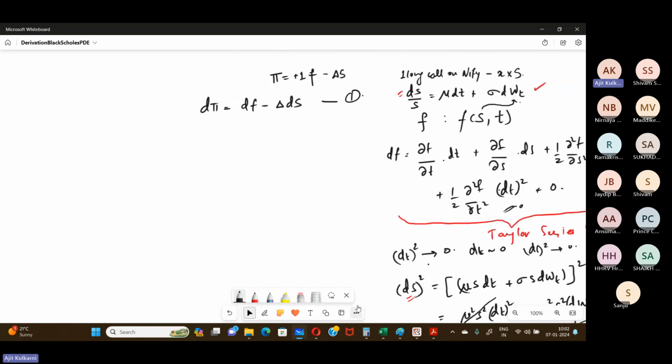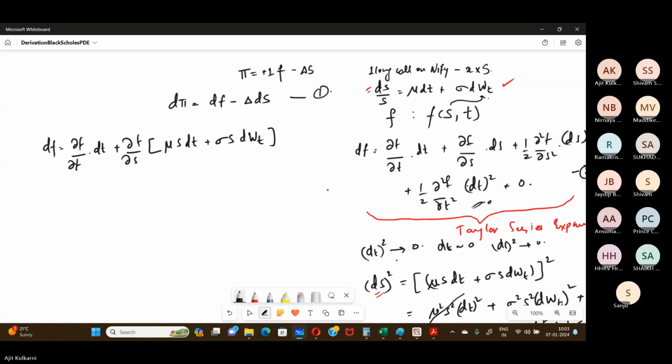So let us go step by step. df is equal to dou f by dou t into dt plus dou f by dou s into ds, where ds is equal to mu s dt plus sigma s dwt, plus half of dou square f upon dou s square into ds square.